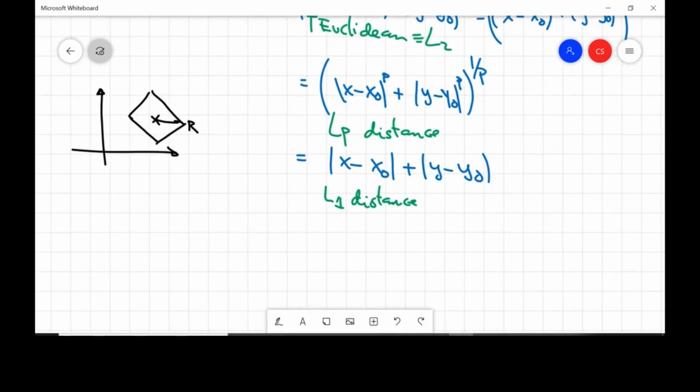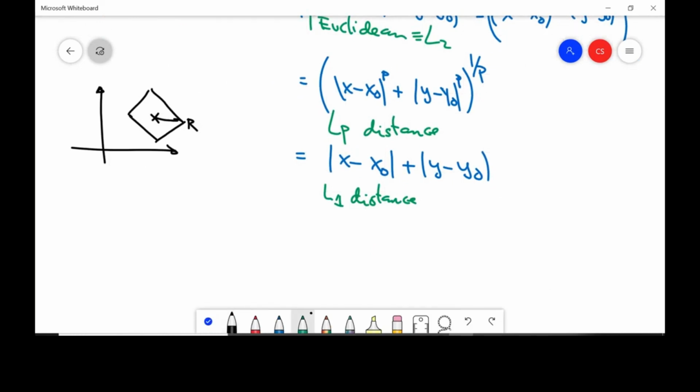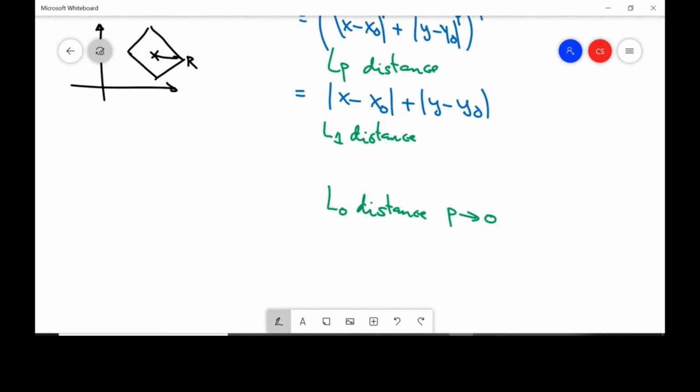What if I make P go to 0? I have L0 distance. So L0 distance, I make P go to 0. Or what if I make P go to infinity?